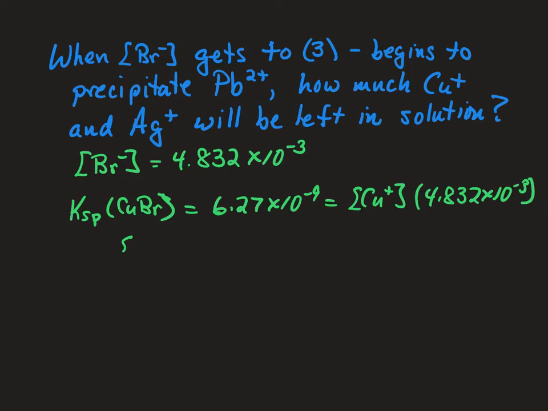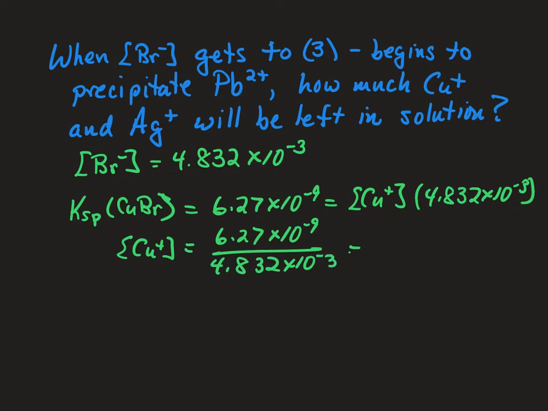So the concentration of copper ion will be 6.27 times 10 to the minus 9 divided by 4.832 times 10 to the minus 3, and we get 1.2976 times 10 to the minus 6 molar.